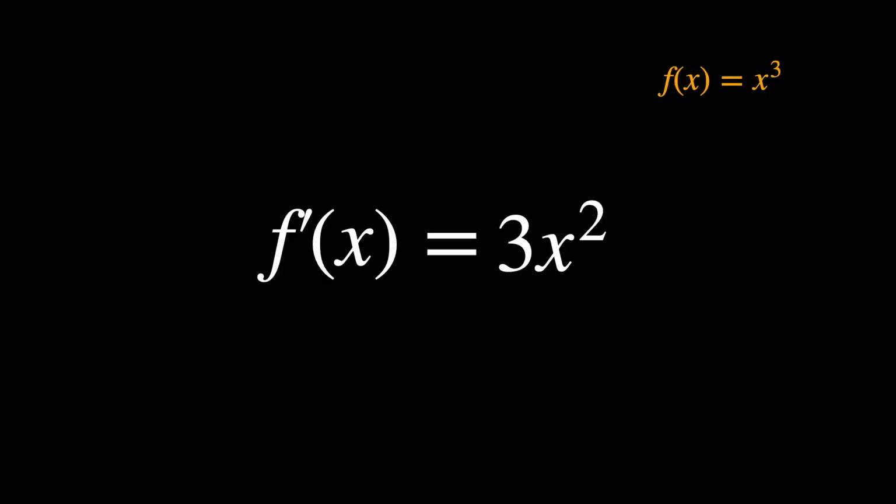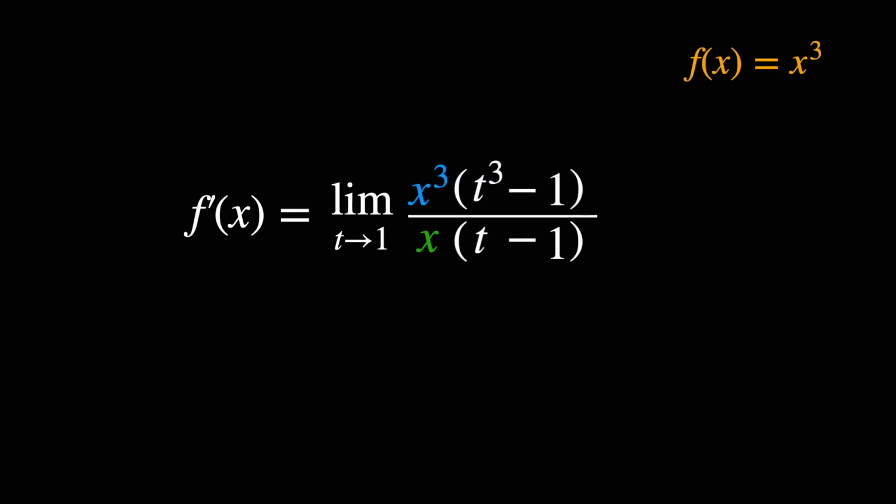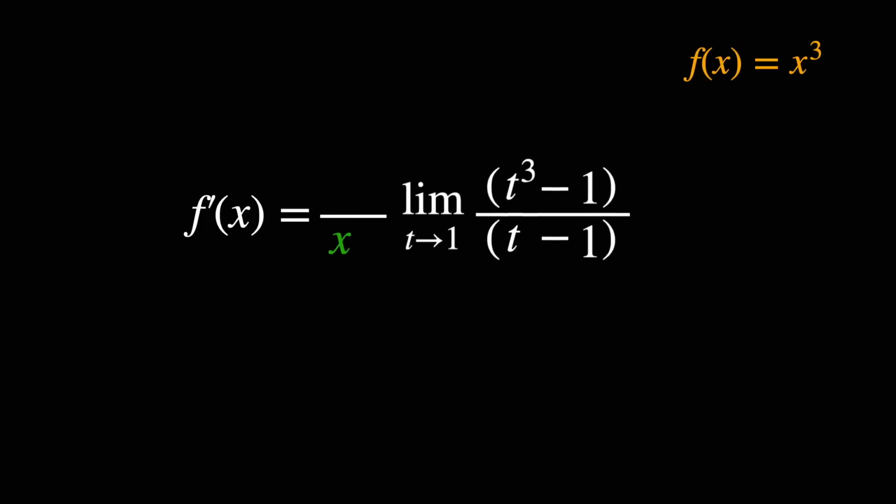Let's see if this is any easier using the new definition. Plugging in x cubed into our definition, we get tx cubed minus x cubed over tx minus x. We distribute the exponents, and like before, we can factor out the x's on top and the x's on the bottom. And again, we can pull it outside of the limit and simplify.